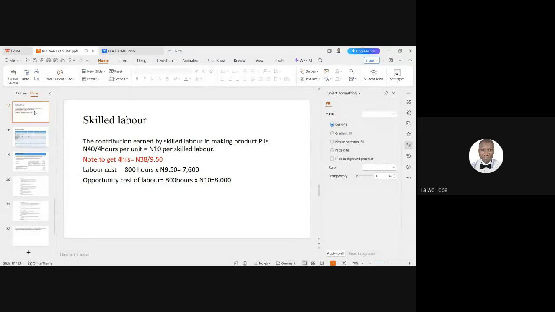The opportunity cost we've been treating, even from material, is the sacrifice you are foregoing to meet up with a particular decision. That sacrifice will be the opportunity cost, and that opportunity cost will be the relevant cost.